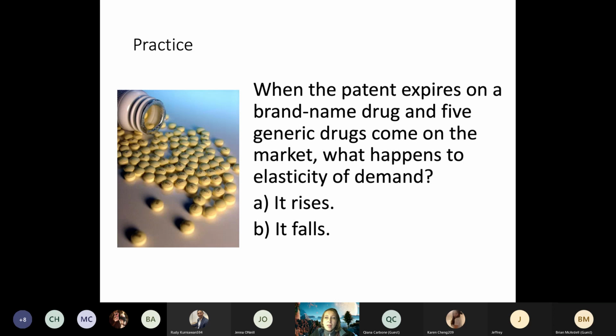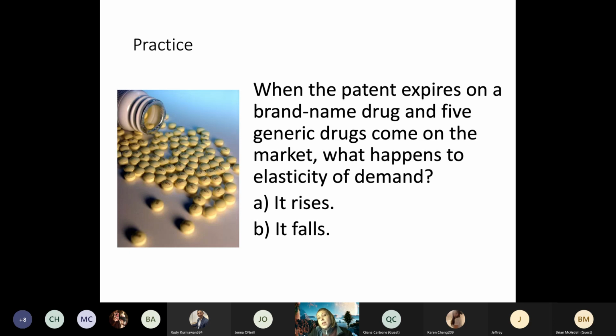Okay, when the patent expires and a brand name drug and 5 generic drugs come on the market, what happens to the elasticity of demand for that drug? I guess for the generics, are people becoming more sensitive to the price?